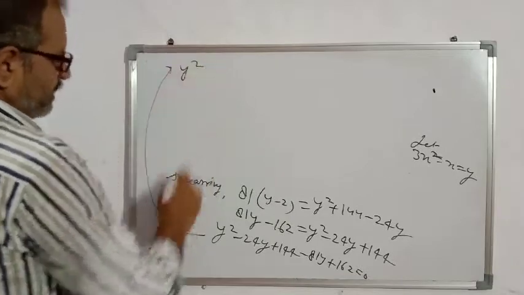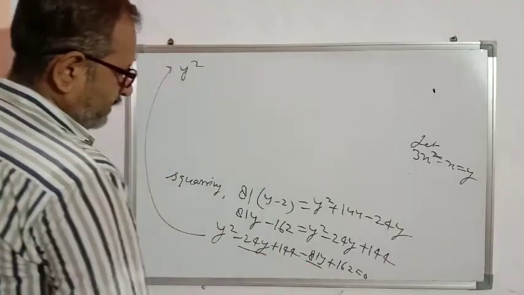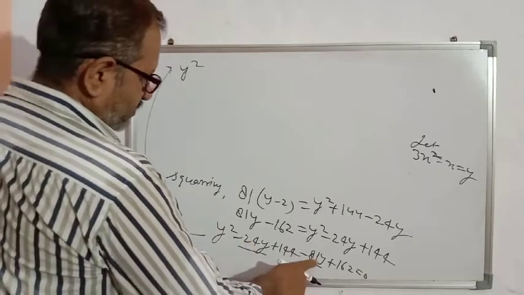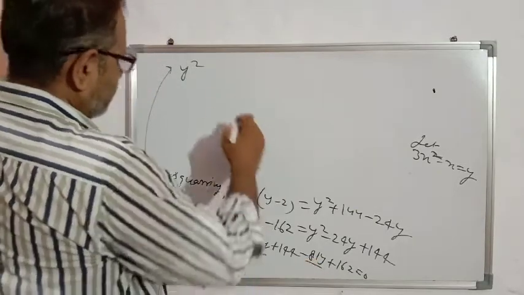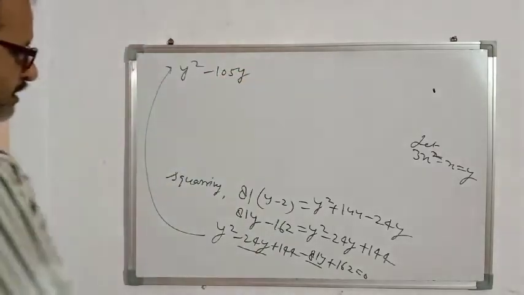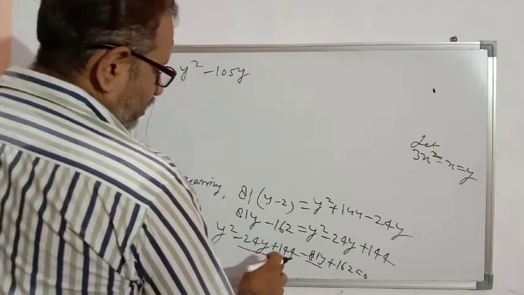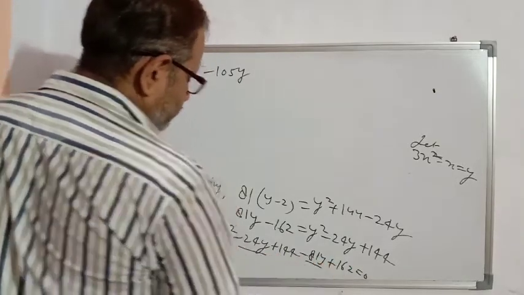So y square minus 24y minus 81y, that is minus 105y, plus 144 plus 162.